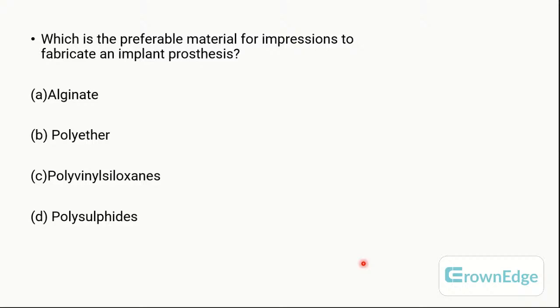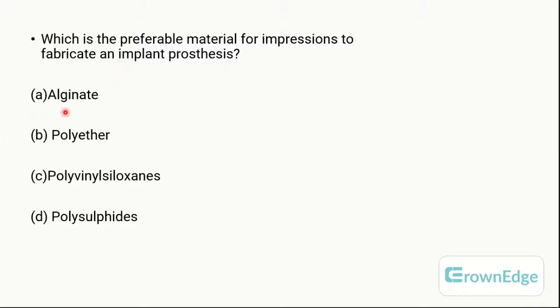Now coming to a dental materials point of view, which is the preferable material for impressions to fabricate an implant prosthesis? You've all done your dental materials, so you've gone through the different types of agar, alginate, and elastomeric impressions. Which would you prefer for making impressions for an implant prosthesis?